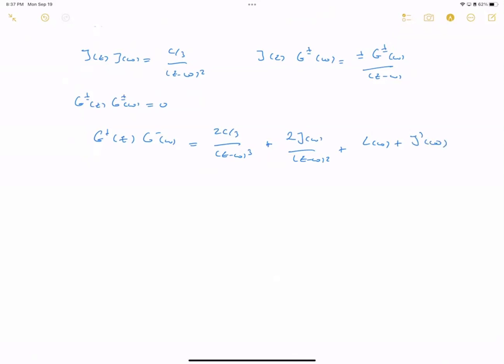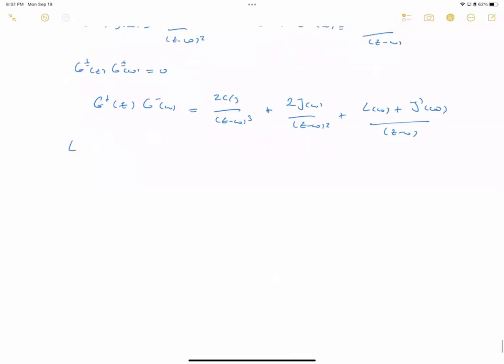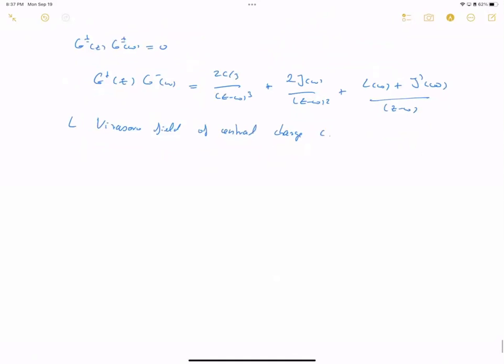So J prime denotes the derivative of J. And then L is a Virasoro field of given central charge, and J and G plus minus are Virasoro primaries, J of conformal weight 1 and the odd ones of conformal weight 3/2.